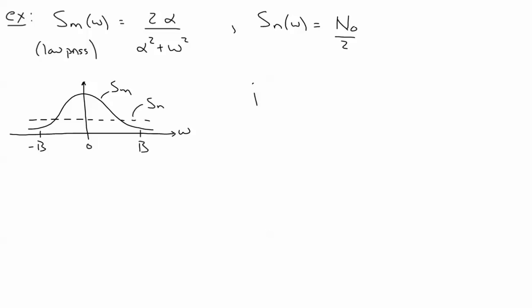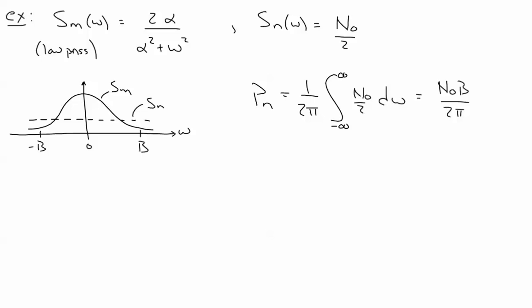My noise power, calculating this from a radian frequency perspective, is 1 over 2 pi, integral from minus infinity to plus infinity, of my noise power spectral density, N naught over 2 d omega, and that is just N naught B over 2 pi.